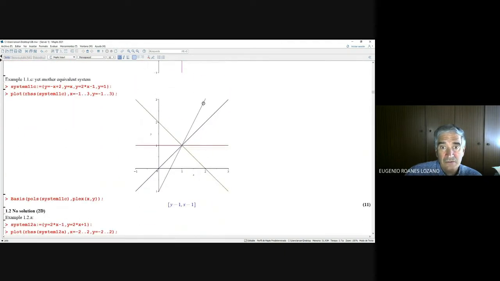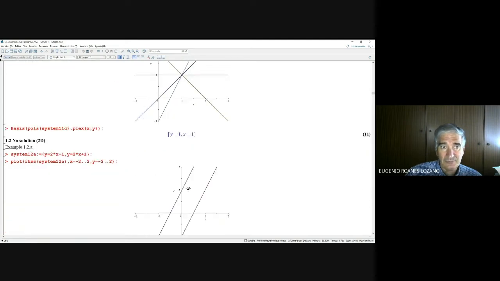And of course, if we add yet another equation, as it describes the same thing, it's equivalent to the original system, and the Gröbner basis is the same.